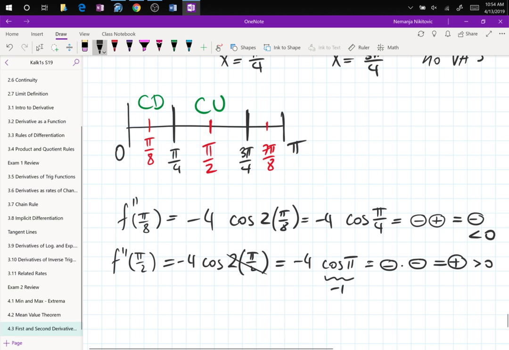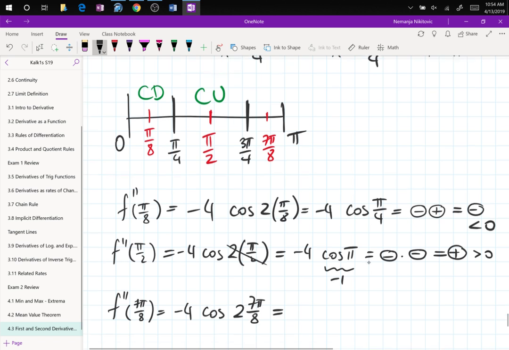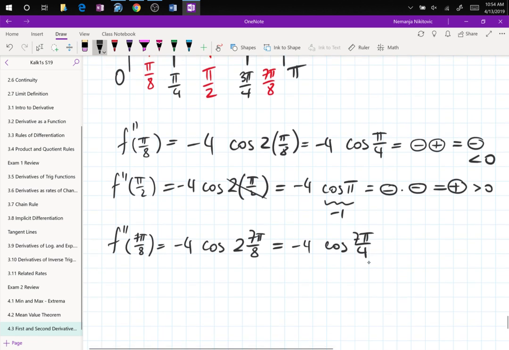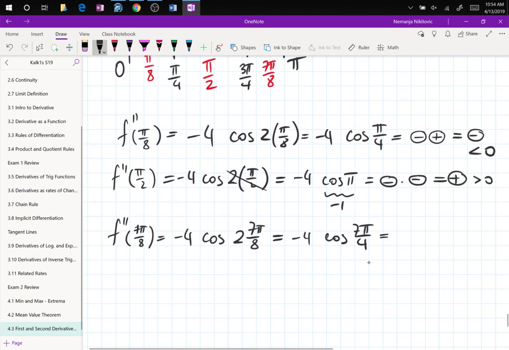So concave up. And finally, 7 pi over 8: negative 4 cosine of 2 times 7 pi over 8. And that's going to be negative 4 cosine of 7 pi over 4. Now for this one we'll have to take a look at the unit circle. All Students Take Calculus, right?